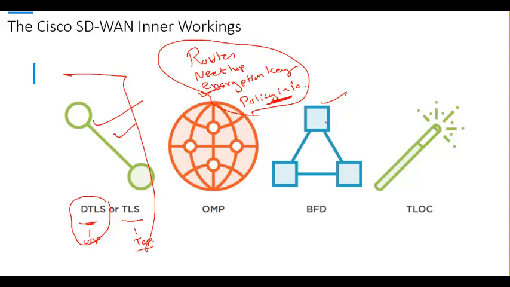There's going to be three separate colors. So color only helps to differentiate the transport. In that way we have three TLOCs because the color is different.